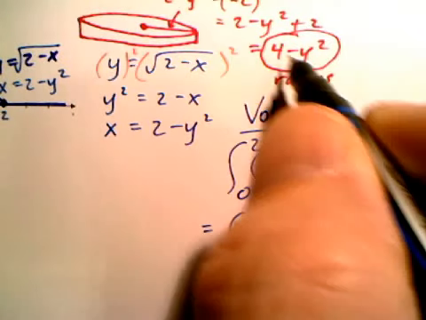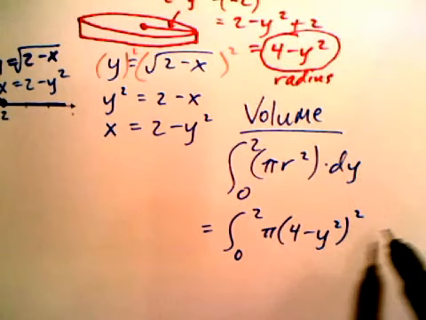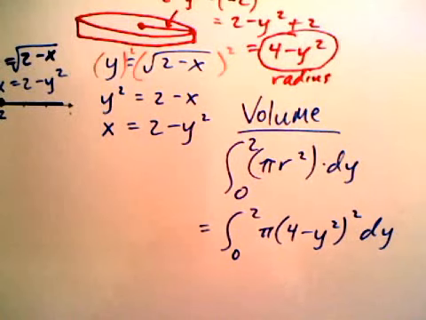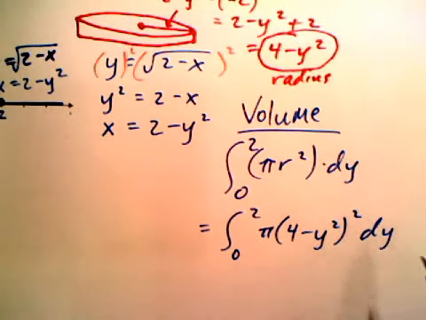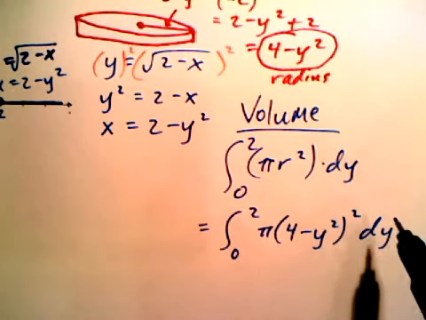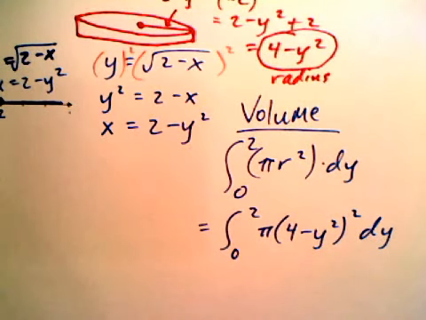Don't forget to square it: 4 minus y squared, squared. Pi times the radius squared. If you force yourself to say that over and over again, you won't forget to put the squared there. I guarantee it. If you get sloppy here, you will forget that squared. It happens all the time, because you see the squared here, so your mind wants to fill it in. Oh, it's already there. But don't fall into that trap.